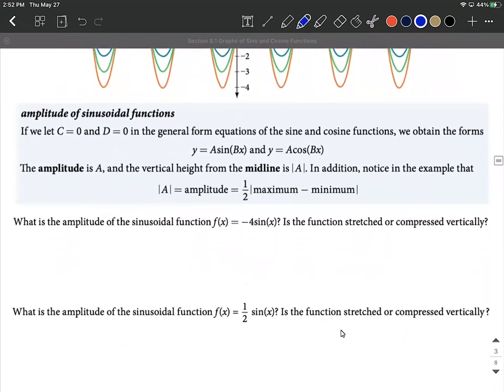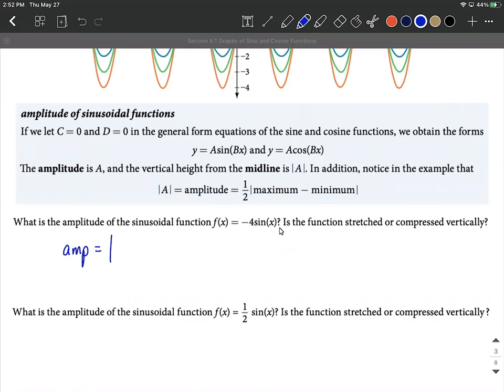Let's put this into practice on a couple quick examples. We want to find the amplitude of this sinusoidal function where f of x equals -4 times the sine of x. The amplitude can be computed as the absolute value of whatever number is out in front.